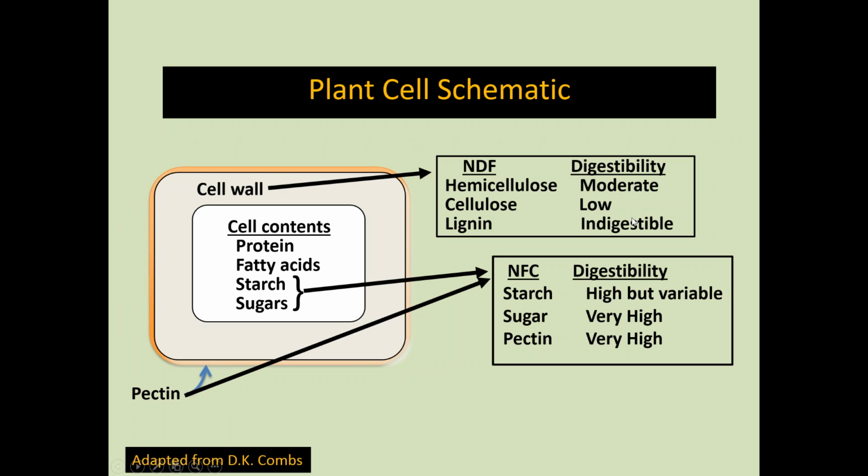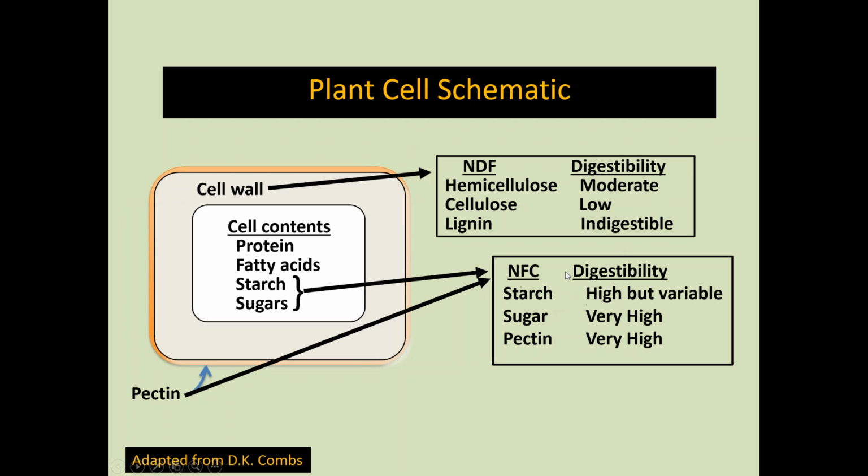You can see how those can be categorized in terms of digestibility: moderate in terms of hemicellulose, low in terms of cellulose, and then finally lignin being the very rigid portion of that cell wall that is very much indigestible and also affects the digestibility of the cellulose fraction.